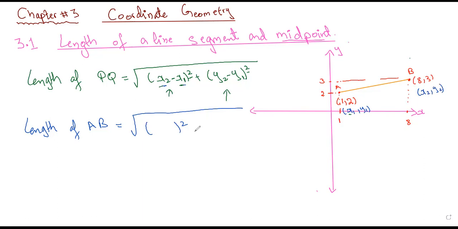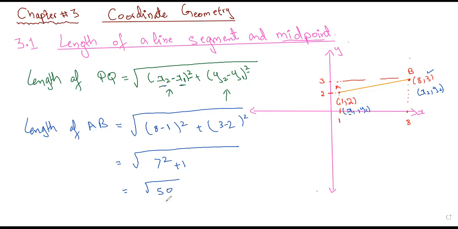So I want x2 minus x1. That would be 8 minus 1 plus y2 is 3 minus 2 square. This will give me under root 8 minus 1 is 7 square plus 1. This is under root 7 square is 49 plus 1, 50. This would be the length.